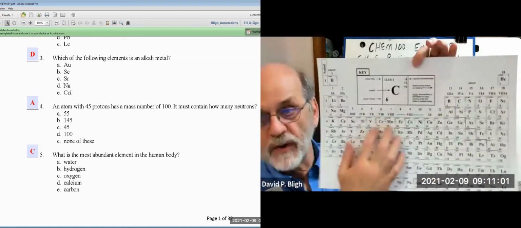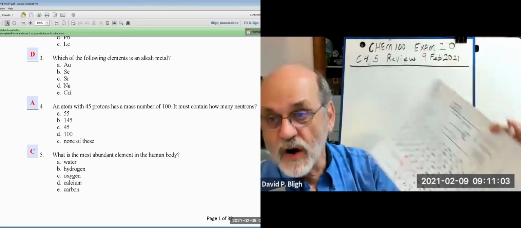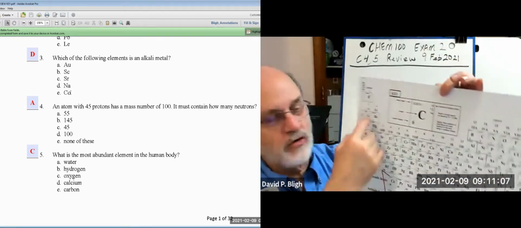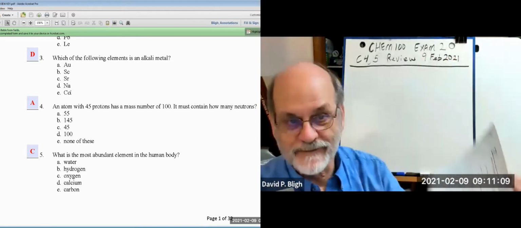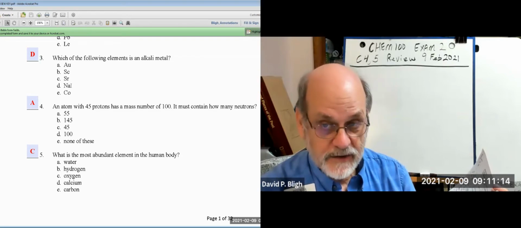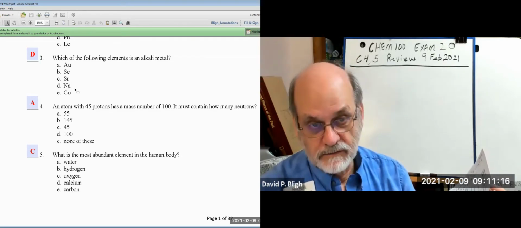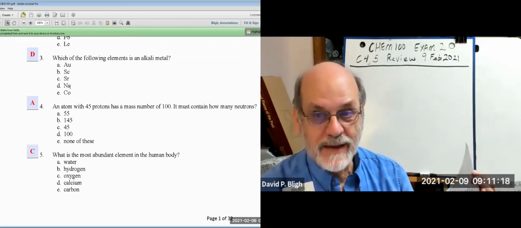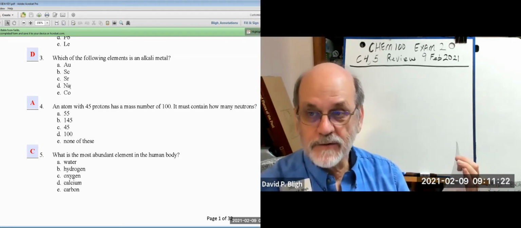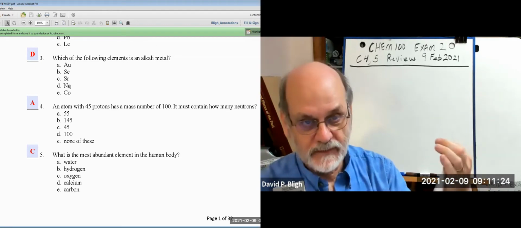They're in the middle part. SR is strontium, and that's an alkaline earth. It's in the second group. Okay. So you should be able to find sodium, or actually you should know the name for Na, which is derived from the Latin natrum, which means sodium.